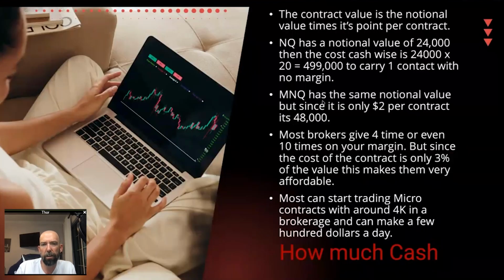MNQ is only $2 per contract per point when it moves. But because it moves so fast, if it's $2 per point and it moves 500 points that day, how much money is that? It's a G, a cool G. So it is very possible with just one MNQ and a good move to make $500, because that's only half of the day's ATR, as long as you take a reasonable entry.